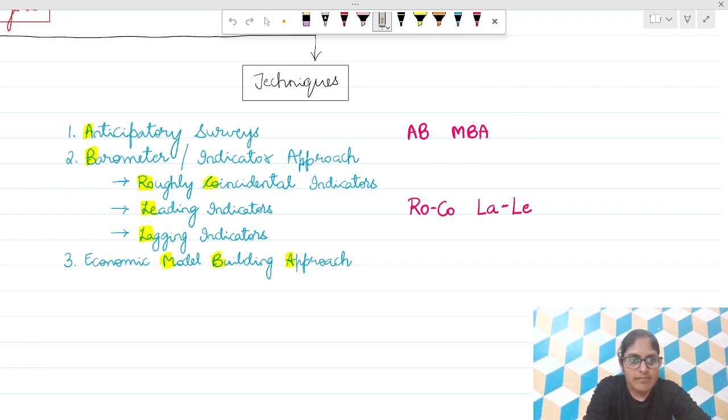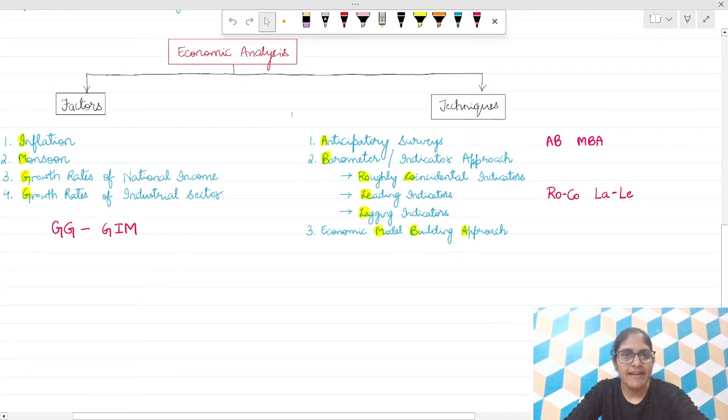Now, under barometer and indicator approach, there are 3 points. That is ROCO Lale. ROCO is roughly coincidental, La is lagging, Li is leading. Lagging indicators, leading indicators.